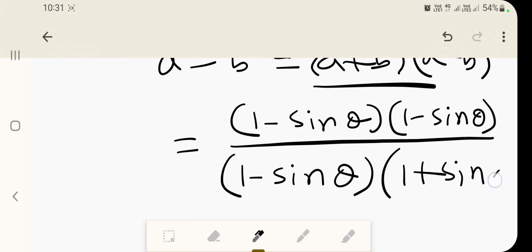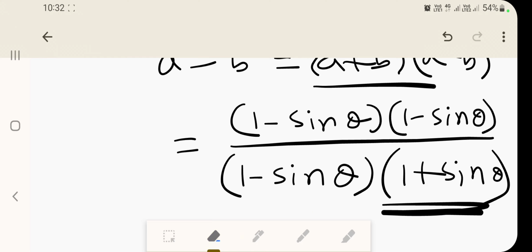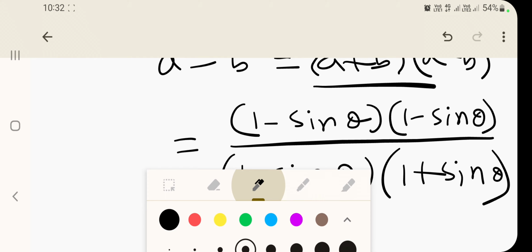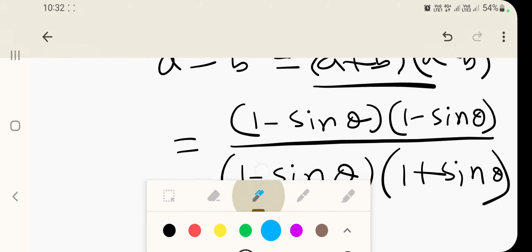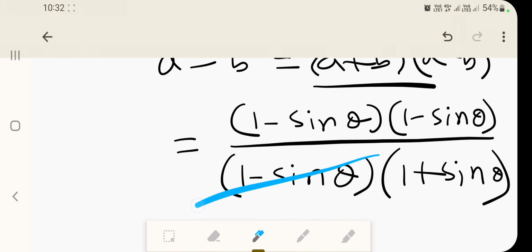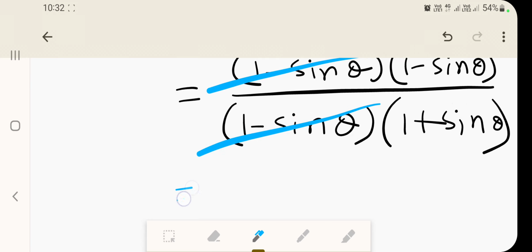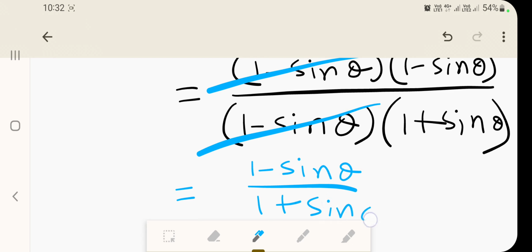What is important here is a plus b into a minus b. Now one 1 minus sin theta in the denominator and one in the numerator cancel, and we get (1 minus sin theta) divided by (1 plus sin theta). This is the RHS, what they asked us to prove.